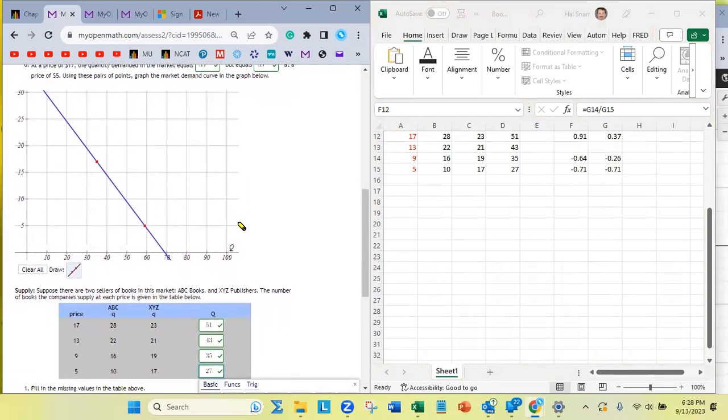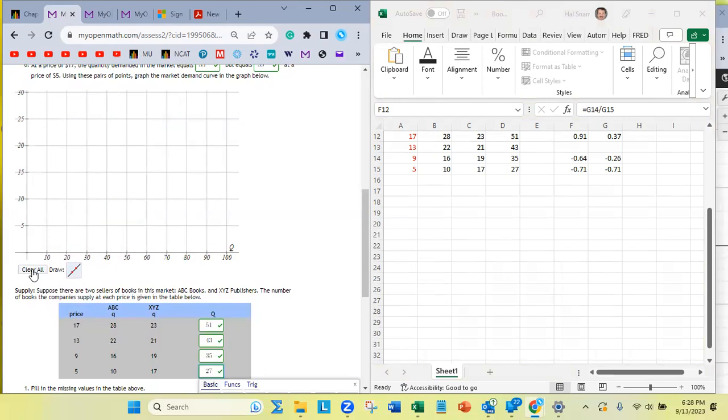And we got to come down here and get the supply curve. So 5 and 27, probably right about there. And then 17 and 51. Oh, I got to move that over. I just did it again.